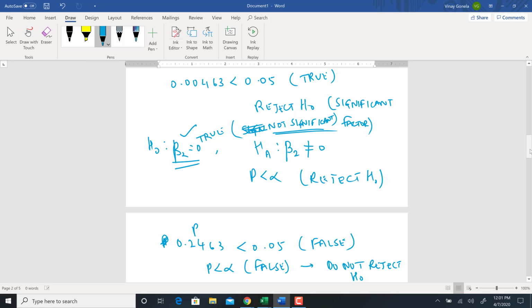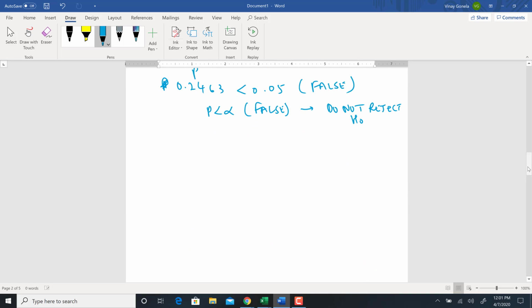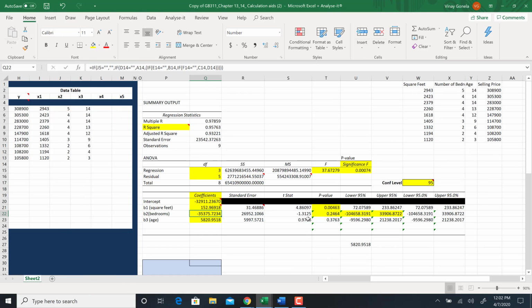We will do the same thing for beta 3. Our H null is beta 3 is equal to 0, H alternative is beta 3 not equal to 0. Again I am going to look at p-value less than alpha. My p-value here is 0.3763.